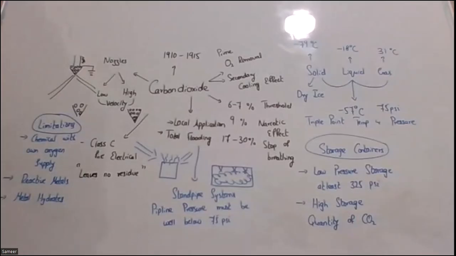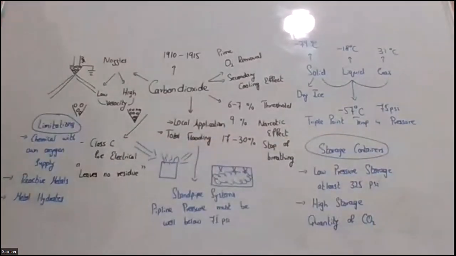Why should it be well below 75 psi? Anyone? Is it because of the triple point? Triple point pressure, yes. The triple point pressure is 75 psi. We have discussed the triple point pressure here.